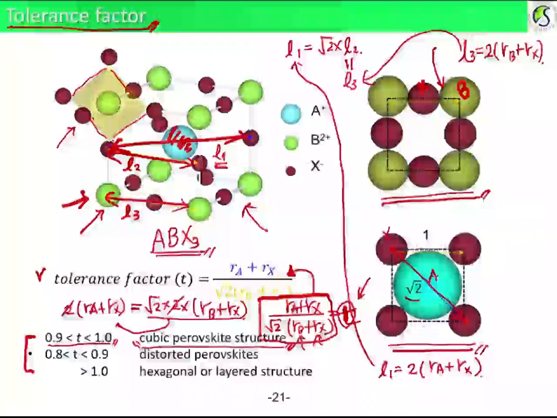But if the tolerance factor deviates from 1, if it is lower than 1 or higher than 1, it forms the distorted perovskite structure or non-perovskite hexagonal or other layered structure.